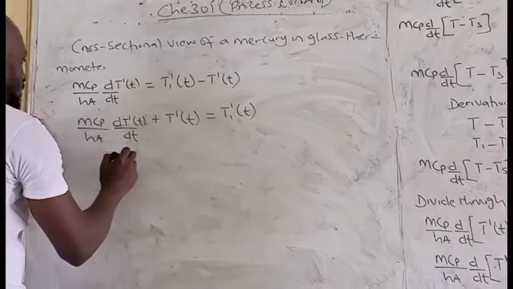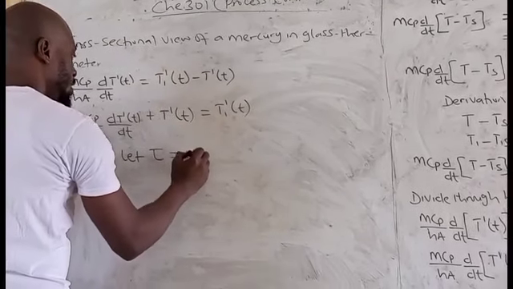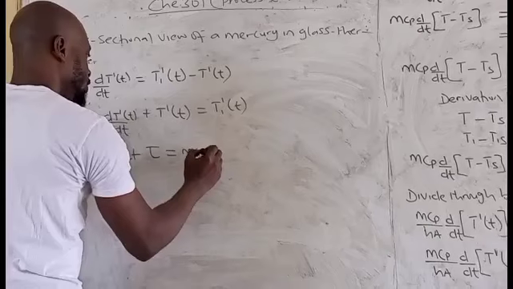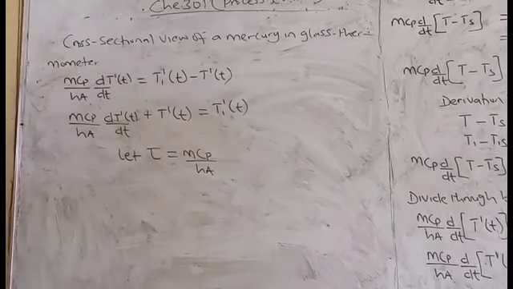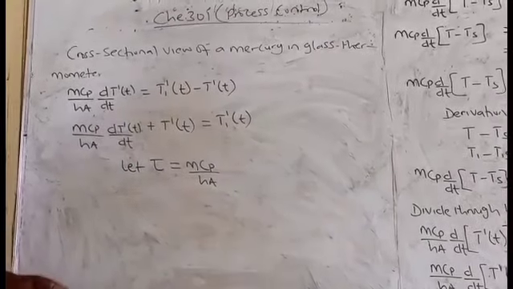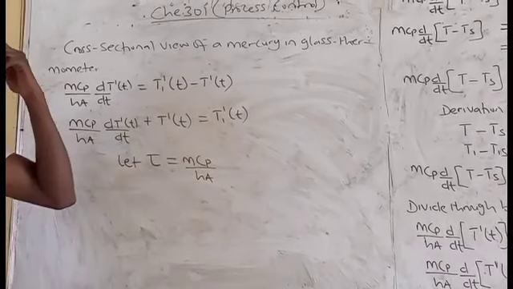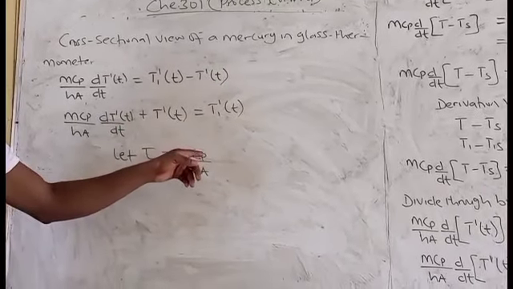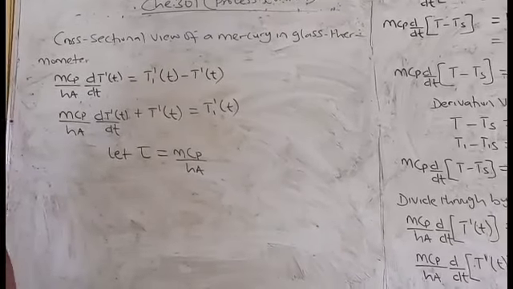So now something will happen. Definitely I say let this equal to tau, MCp over Ha. So now this is our time constant. It will give you MCp over Ha. M represents mass. Cp represents the specific heat capacity at constant pressure. Then H represents the heat transfer coefficient. Then here A represents the cross-sectional area.